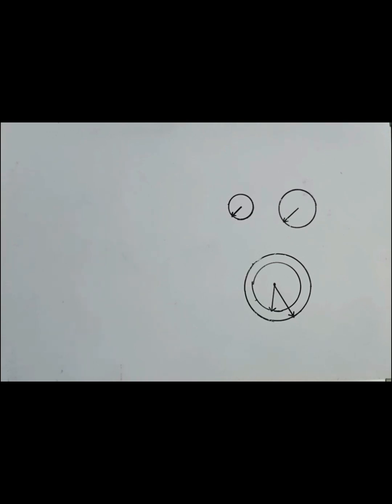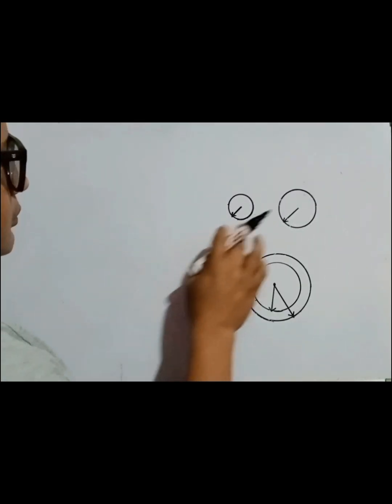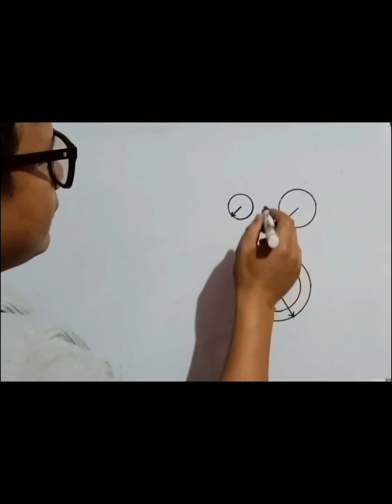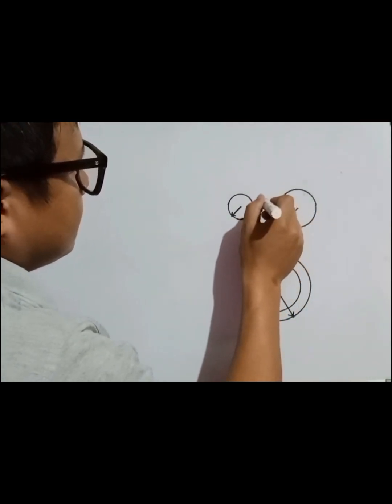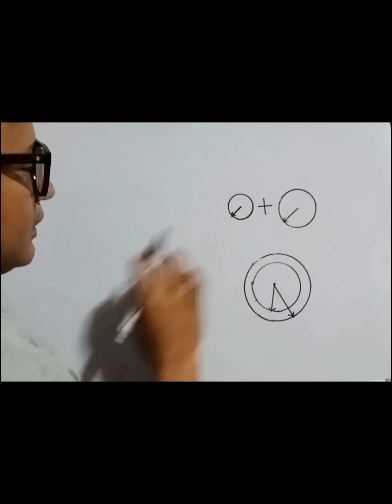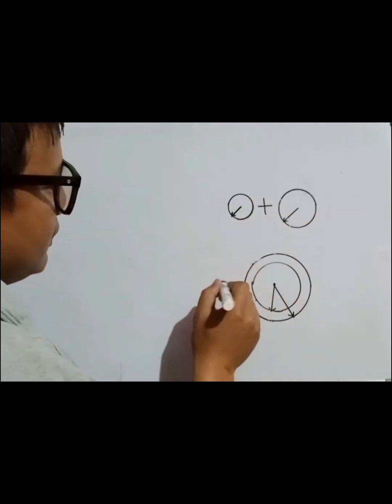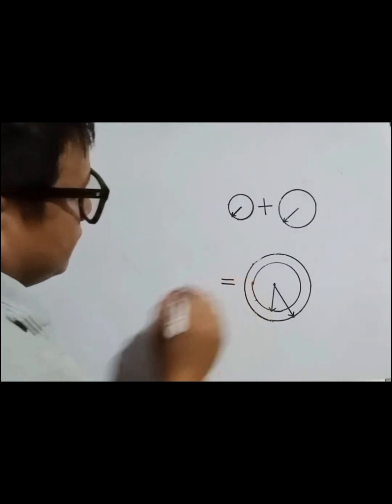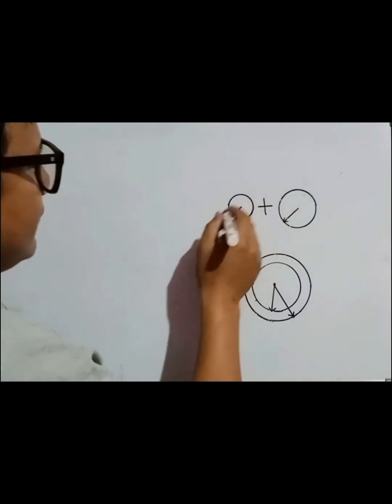Here I have drawn the pictures of three spheres. These are the two solid spheres which are being melted, so that their volumes will be added. And after melting these, a new hollow sphere is being made, and so this is the hollow sphere.